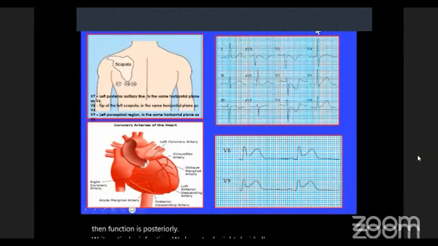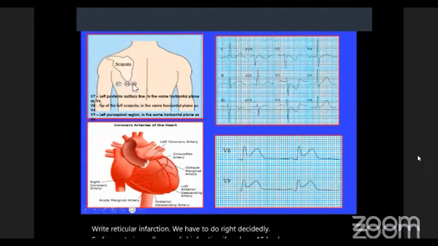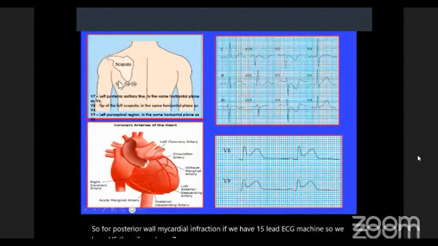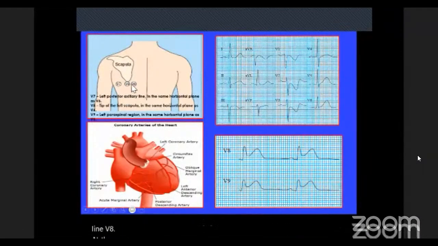So for posterior wall myocardial infarction, if we have a 15 lead ECG machine, we have V6, then 7, 8, and 9. We place V7 at the posterior axillary line, V8 at the left scapula, and V9 in the left paraspinal area.